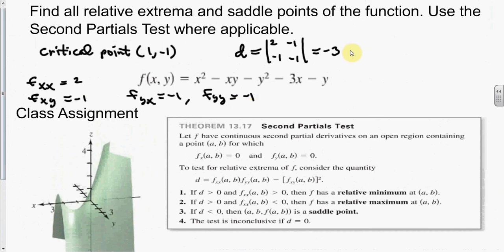And since this is negative here, we ended up with a saddle point at 1 comma negative 1 comma negative 1.